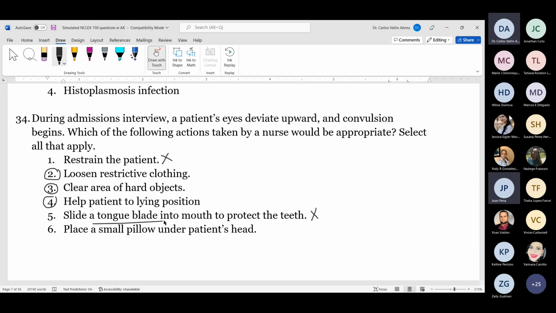No, and then they are calling you la mocha. Place a small pillow under the patient's head if on the floor? Yes. Okay, an easy one.